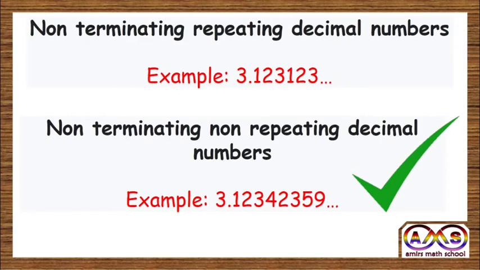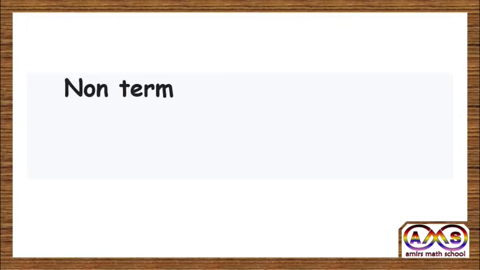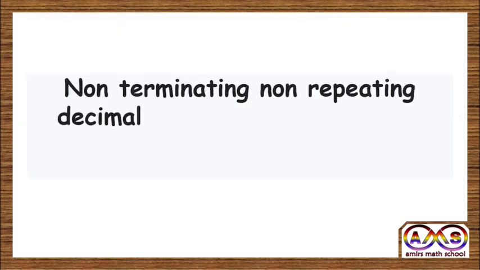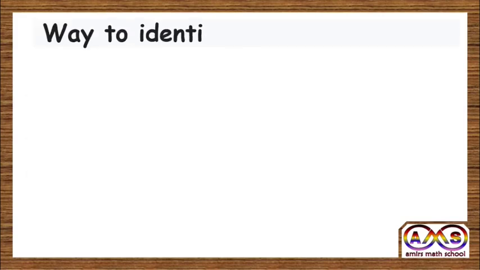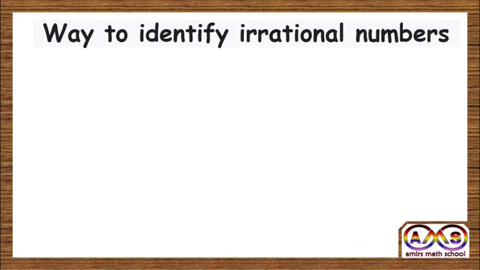So this is another way of finding an irrational number. That is, we can say non-terminating, non-repeating decimal numbers are irrational. Example: 3.12342359 dot dot dot.